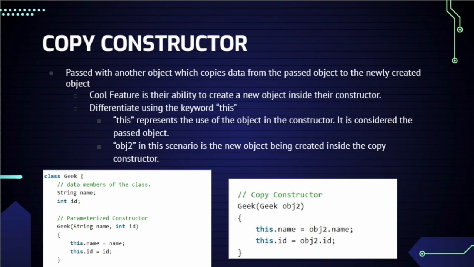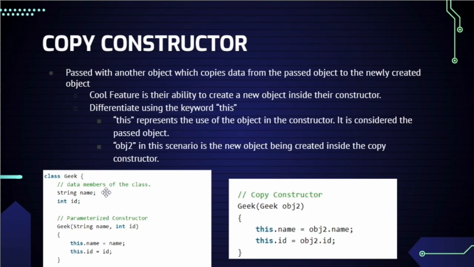In this scenario, obj2 is the new object that is being created inside the copy constructor. On the picture on the left, you have the Geek constructor, which is a parameterized constructor because it has a string parameter and an int parameter. The this keyword specifies that it's the one that's being passed.